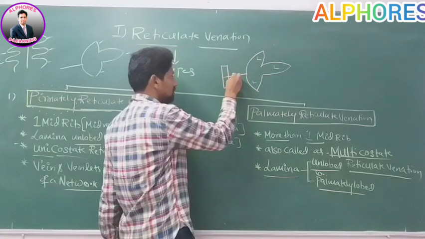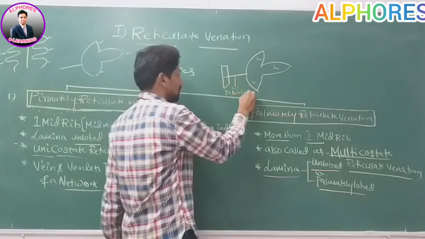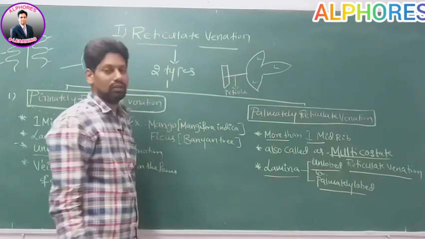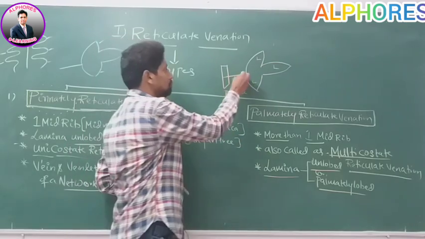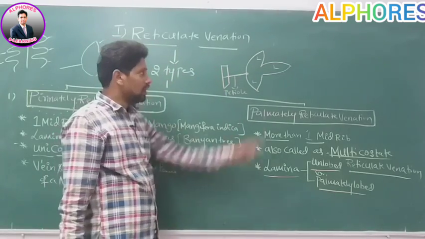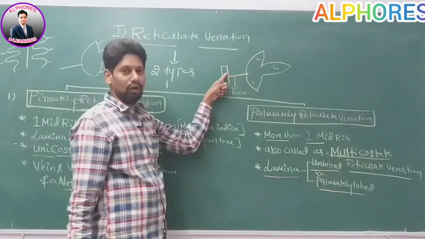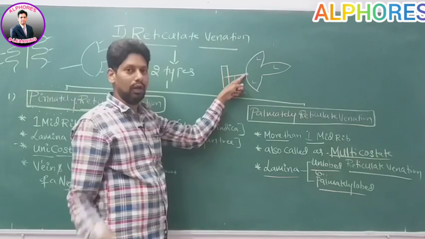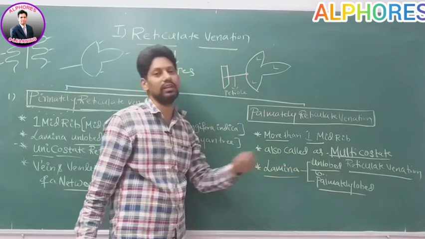Sir, stalk of leaf is called what? Petiole, right? Now see this diagram. Sir, these lobes are present at the tip of the petiole, yes or no? Such type of lobed leaf is called a palmately lobed leaf.